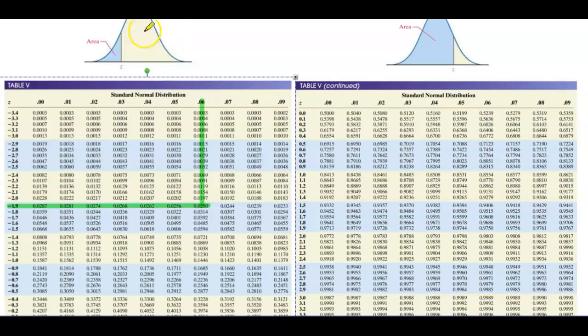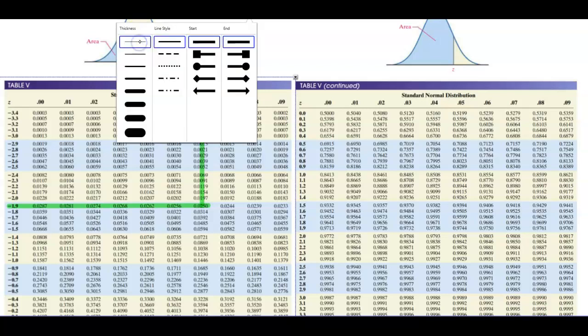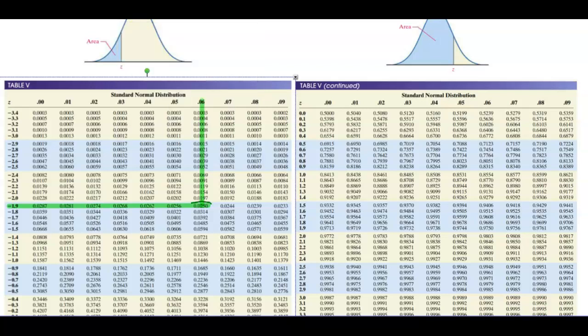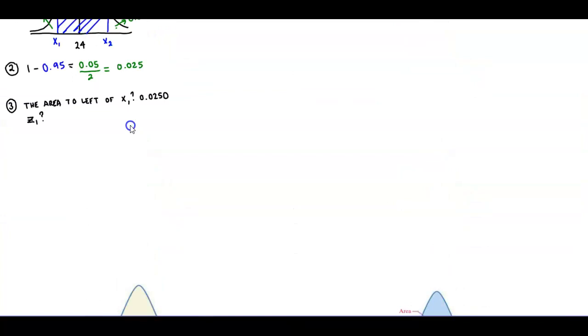We can see that there is 0.0250, and that gives us the z-score of negative 1.96. So the z-score for that is negative 1.96.